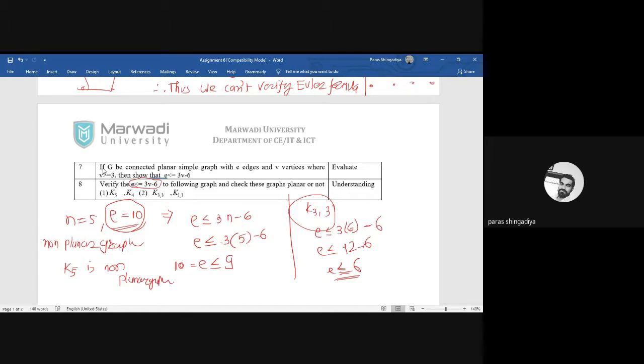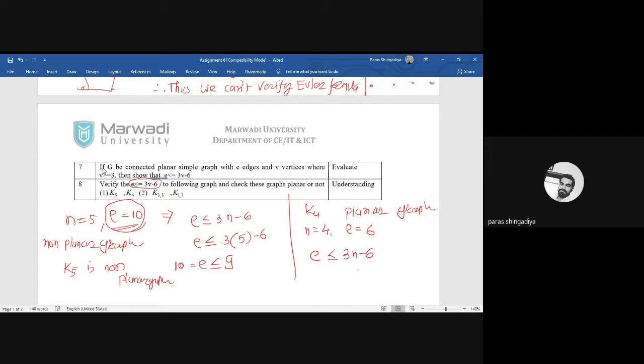And then after, check for K4. As we know that K4 is a planar graph. Here vertices are 4, and there are 6 edges in this K4. So let's check it this way. E less than or equal to 3n minus 6.